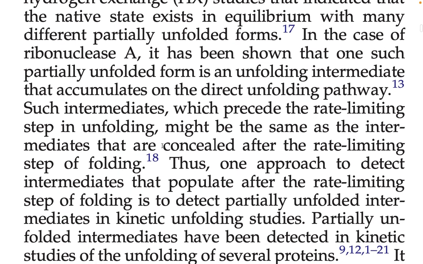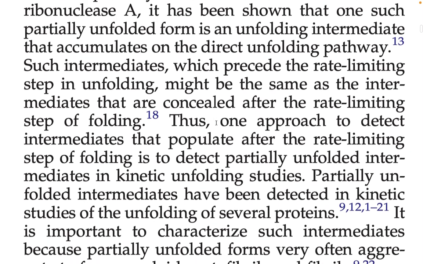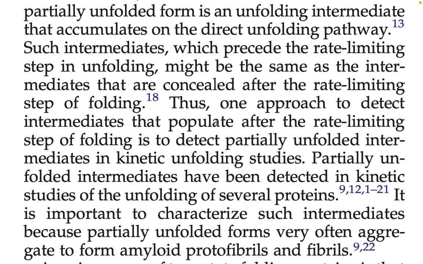In the case of ribonuclease A, it has been shown that one such partially unfolded form is an unfolding intermediate that accumulates on the direct unfolding pathways. Such an intermediate, which precedes the rate-limiting step in unfolding, might be the same as the intermediates that are concealed after the rate-limiting steps of folding.